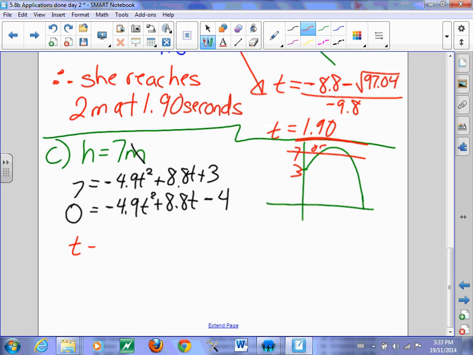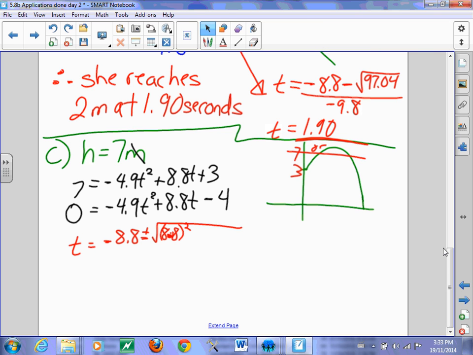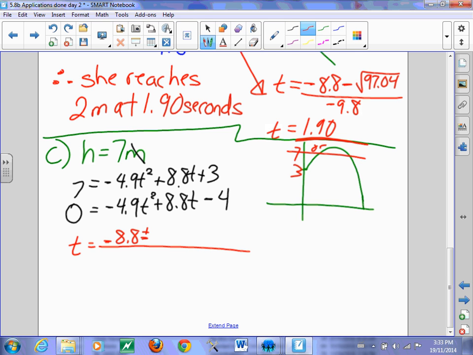So t equals negative 8.8 plus or minus the square root of 8.8 squared, minus 4 times a times c, all divided by 2 times a.